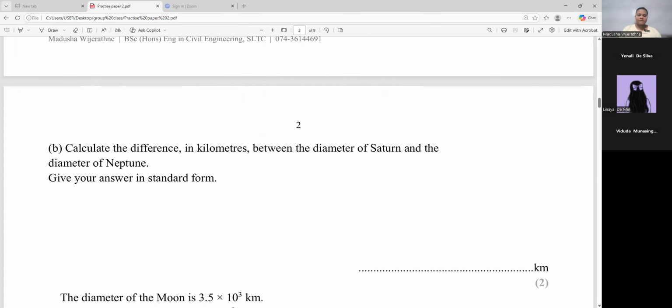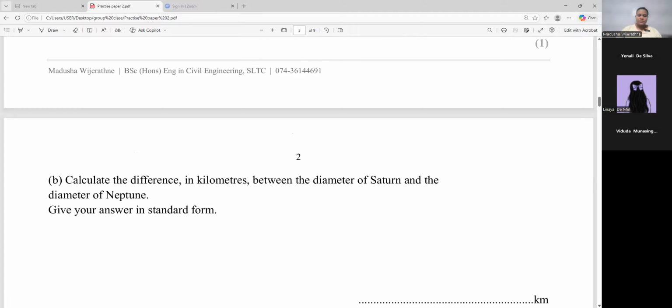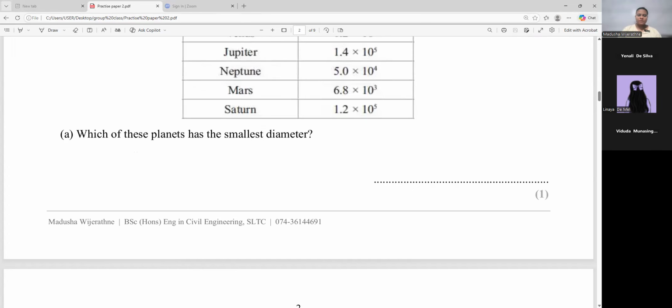Calculate the difference in kilometers between the diameter of Saturn and the diameter of Neptune. Diameter of Saturn. Saturn is 1.2 into 10 to the power 5. Then diameter of Neptune.